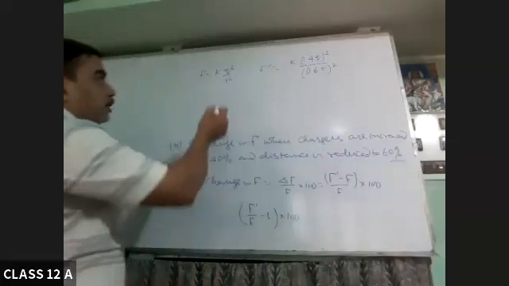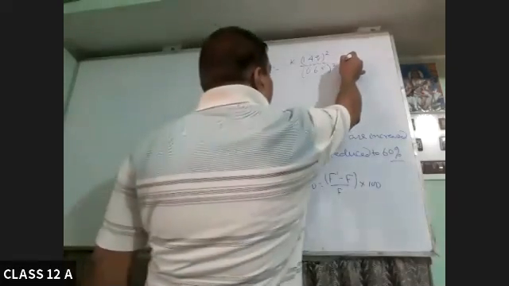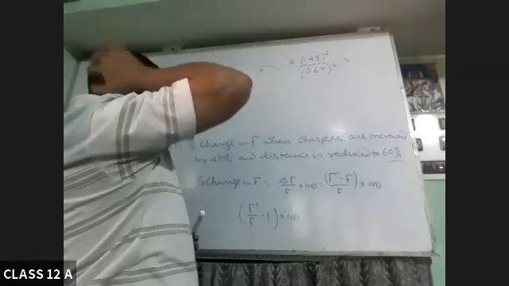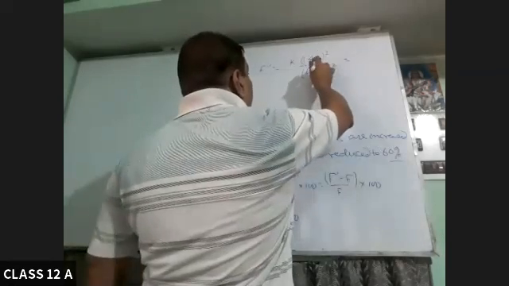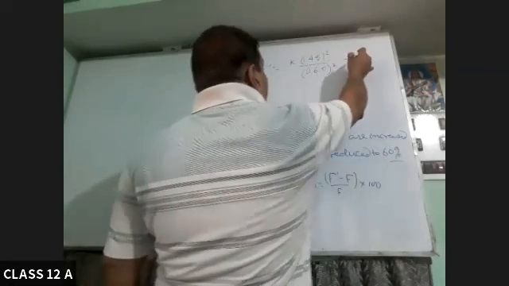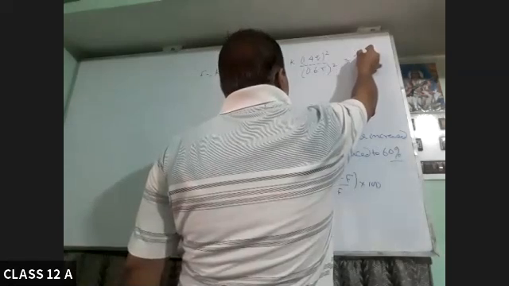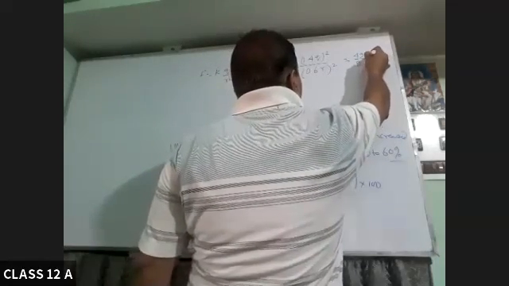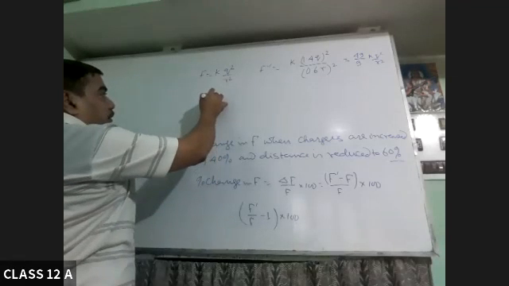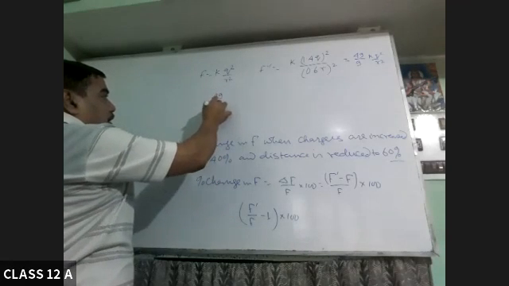Now this F dash over F. So how will it become? 7/3 whole square, no? 49 by 9. Yes, sir. So this F dash by F is 49 by 9.